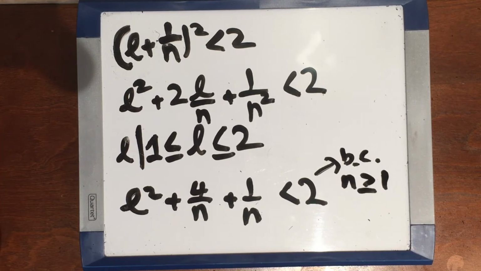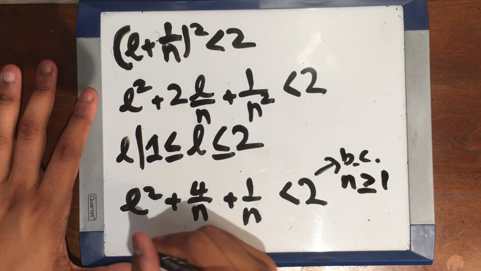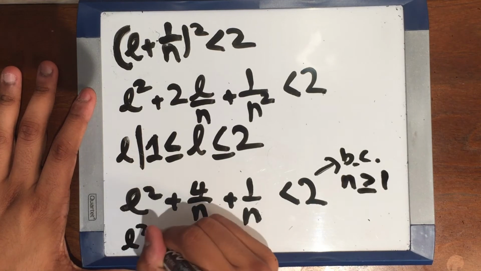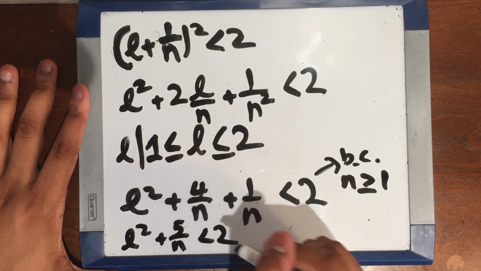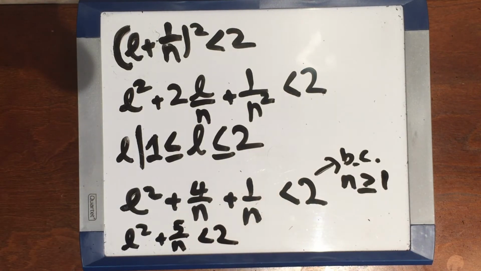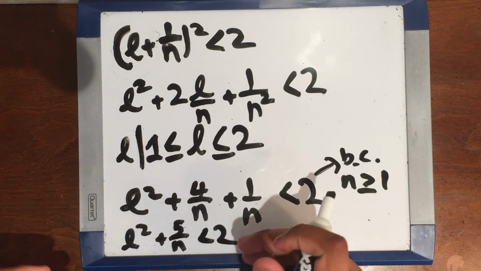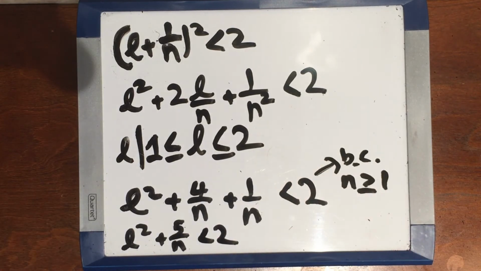Now, because I've taken out the exponent, wouldn't that just simplify down to 5 over n less than 2? We have to find some n or L that solves this function less than 2.